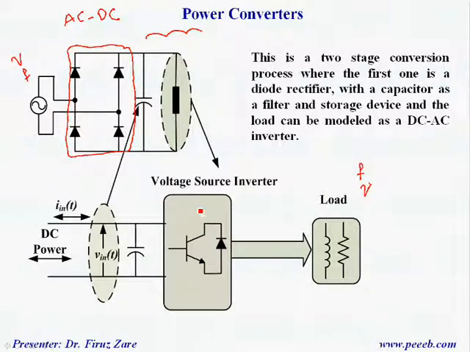So we use this converter, which is a DC to AC converter. The voltage across the capacitor comes from the previous converter, so here we have unregulated voltage, but using this converter and a pulse width modulation technique, we can control the output voltage and frequency and provide variable frequency, variable voltage for different applications like motor drives.